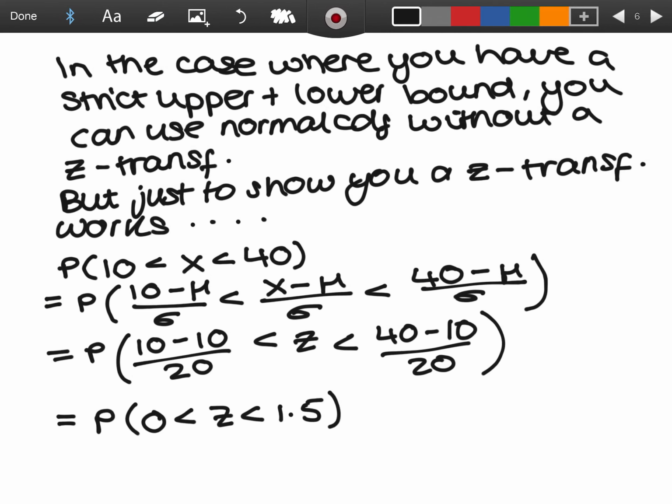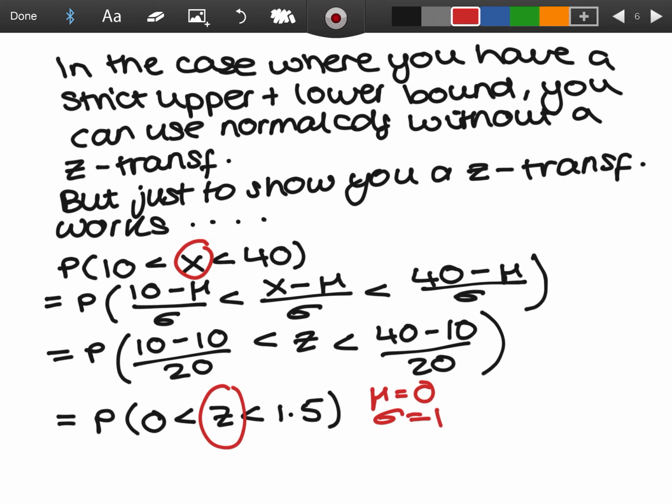So now we've transformed our normal distribution into a standard normal distribution. Instead of using x, where we had a normal distribution with a mean of 10 and standard deviation of 20, we are now in standard normal distribution. We have a mean of 0 and a standard deviation of 1.